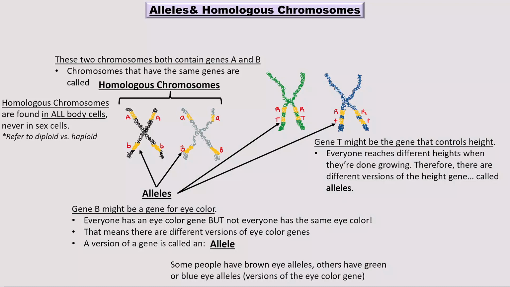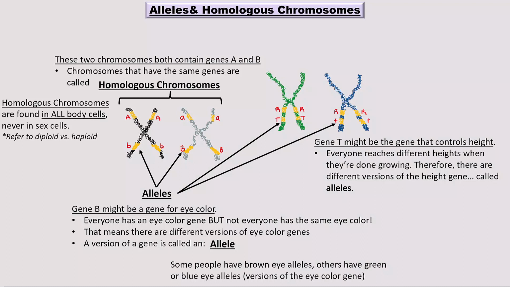So this could be the gene that controls height. Everyone has some height. I haven't met a person who is 0.00 inches, centimeters tall. So everyone reaches different heights when they're done growing. Therefore, these different versions of the height gene, they're called alleles.